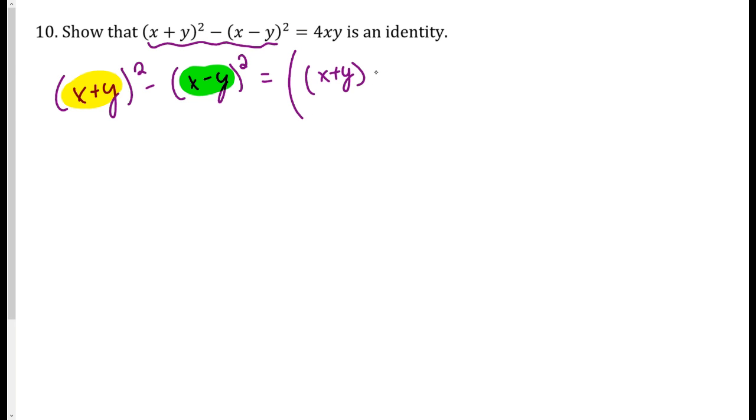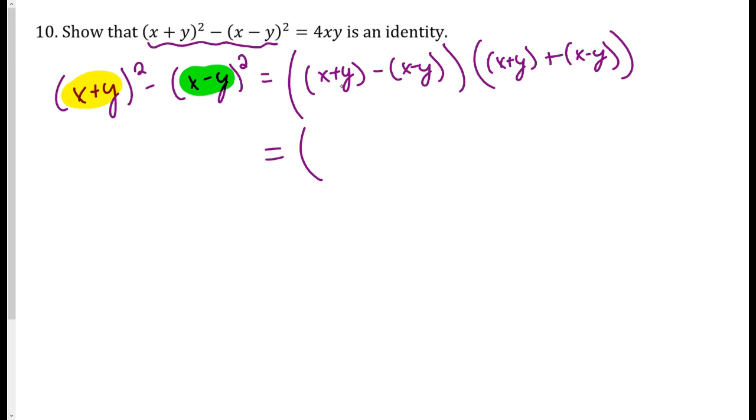So x plus y minus x minus y, that plus that term times the first term plus the second term. They're equivalent because I applied the difference of perfect squares identity. Simplifying inside, I get x plus y minus x plus y, distributing that negative 1, times x plus y plus x minus y.